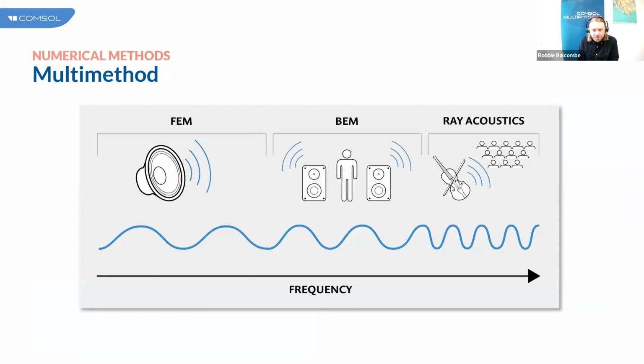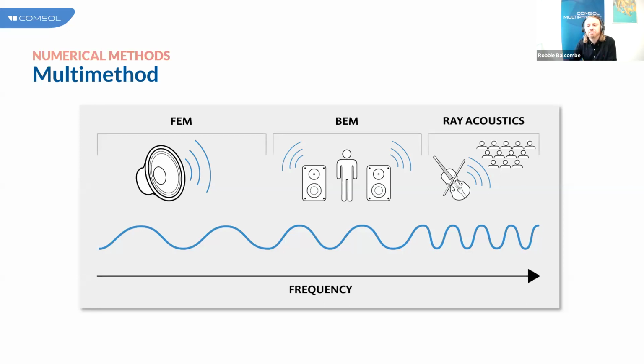So in terms of the different numerical methods that we have access to within our acoustic modeling functionality, when we're working at the lower end of the frequency spectrum, we will tend to favor using the finite element method. This is based on a volume mesh, and it will calculate a wave solution. We will find that as we increase the frequency, we will reach a limit to what we can practically compute using the finite element method.